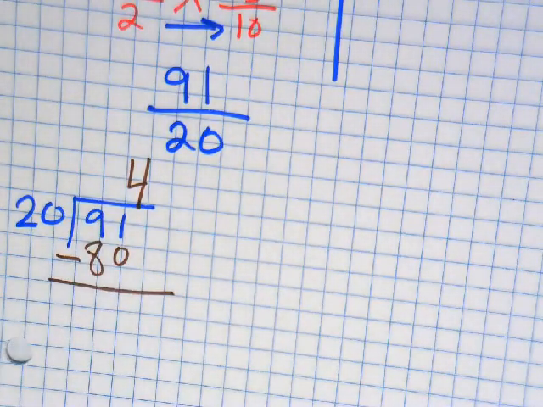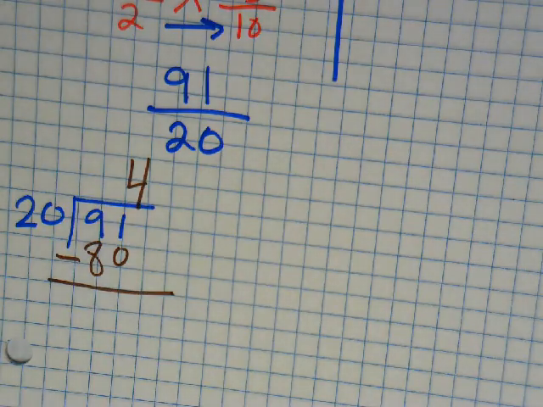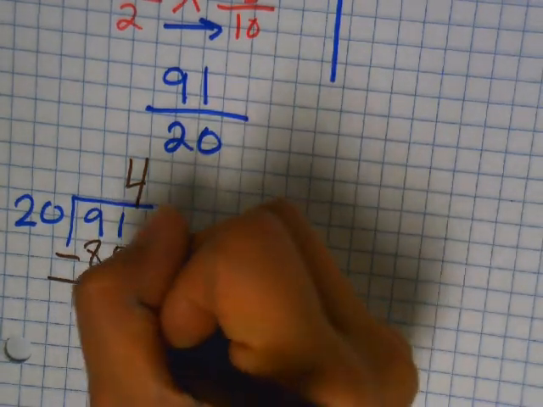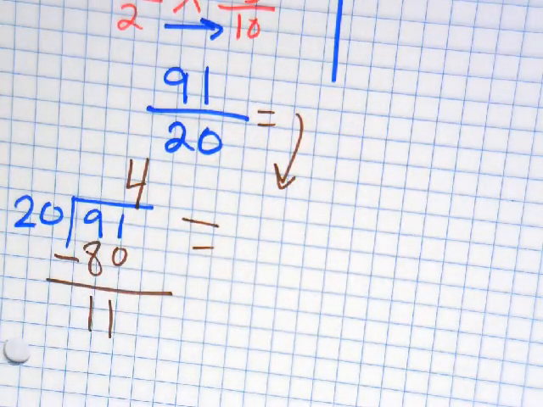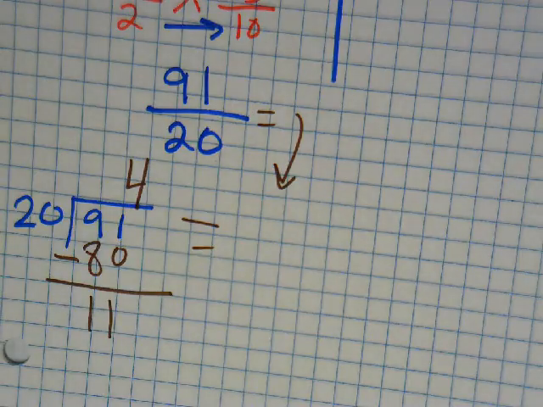Subtract. Don't stop writing. What's 91 minus 80? 11. Good. Okay. What is my mixed number? 4 and 11 over 20.